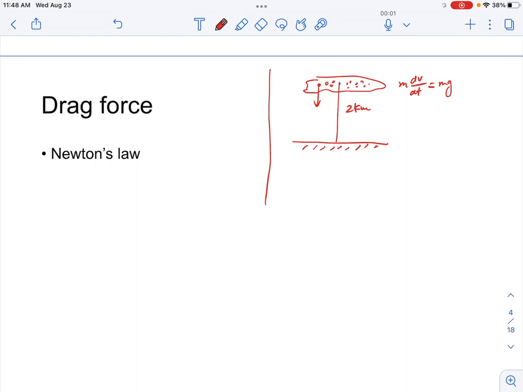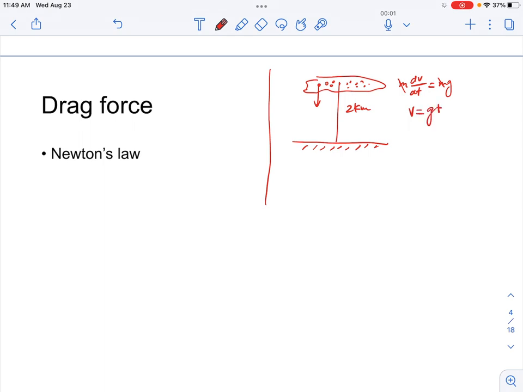The acceleration multiplied by the mass should equal the external force added onto the particle. So you're going to have dv/dt equals g. Since the initial particle velocity is 0, you're going to have v equals gt.